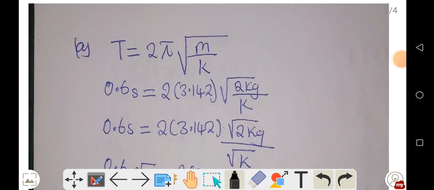We have been given the period to be 0.6, so this is what we have substituted there. Then pi is 3.14, and the mass that we have been given is 2 kg. Then we want to find the spring constant.